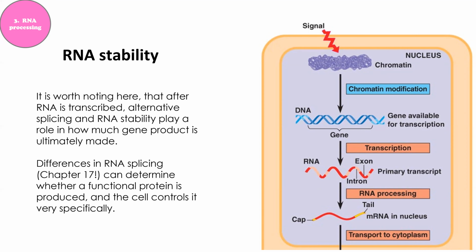However, if it's going to be around less time, then we won't get as much protein. We can also do alternative splicing and use that as a regulatory mechanism. So again, this was in chapter 17. So if you don't really remember this, I would definitely recommend just taking a look back at that, so you can determine whether a functional protein is actually going to be produced.